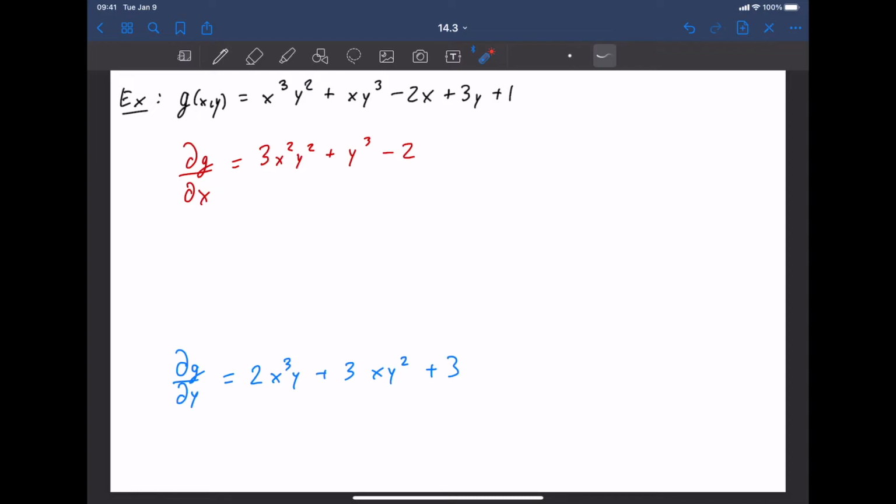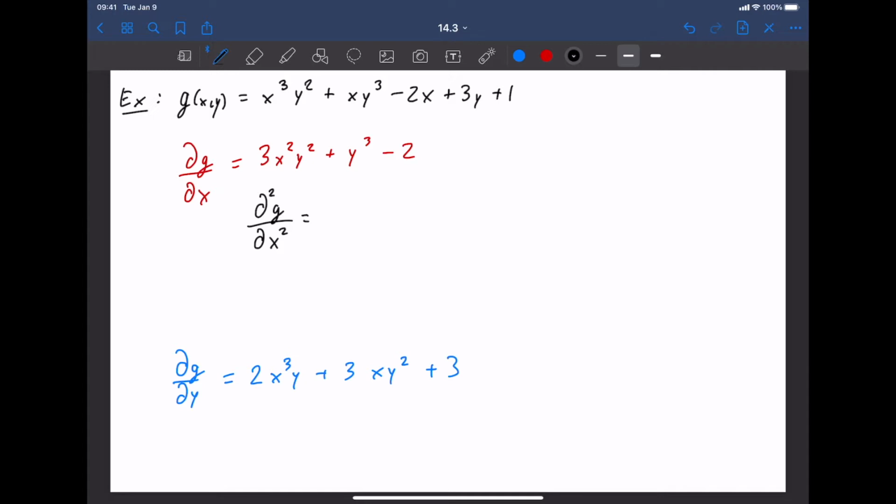Why did I ask you to leave space? Well, we can go further. Usually this one's a little more natural. We can find the second derivative of g only with respect to x, or with respect to x twice. So that's pretty easy for your brain. At least it is for me. Oh, we're just going to keep doing the same thing.